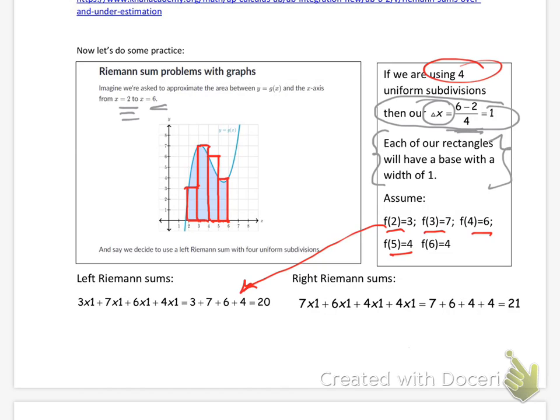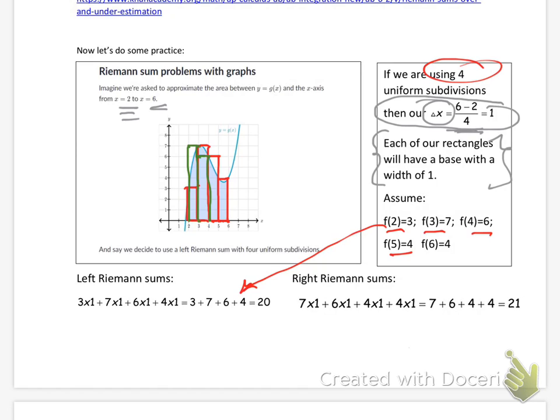When we do the right Riemann sums, instead of starting at 2, I start at 3 and go up to the 3 and go across and back to the 2. The green rectangle is that first rectangle. Then go to 4, go up and hit the curve, go across and down.